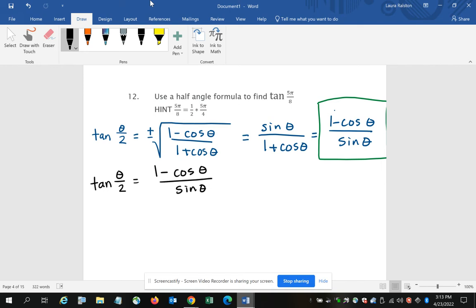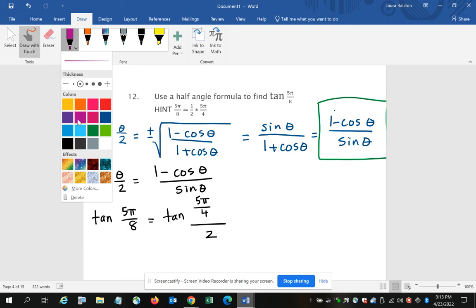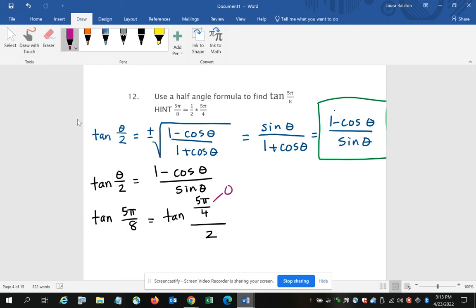Now here again, thinking about what theta would be, we have tangent of 5 pi eighths equals the tangent of 5 pi fourths divided by 2. Your theta in all of this is the 5 pi fourths. So I would have 1 minus the cosine of 5 pi fourths divided by the sine of 5 pi fourths.